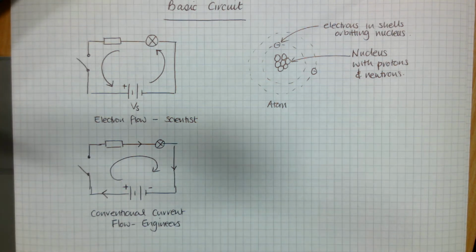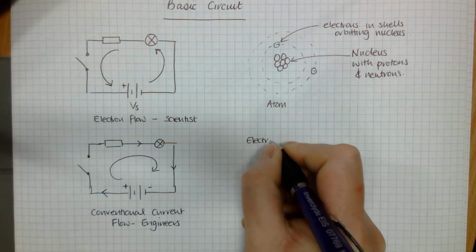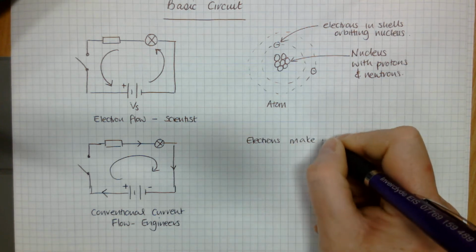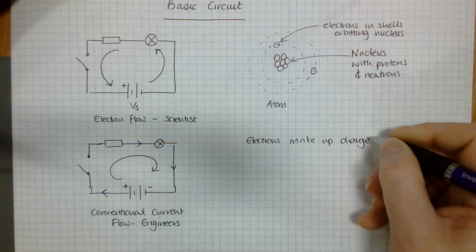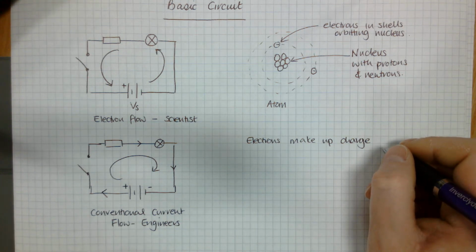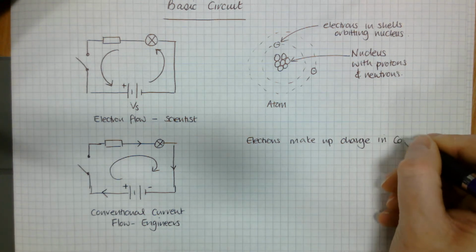So now we know that the thing that flows is a flow of electrons. So we know these electrons make up charge. Do we know the unit for charge? Coulombs?